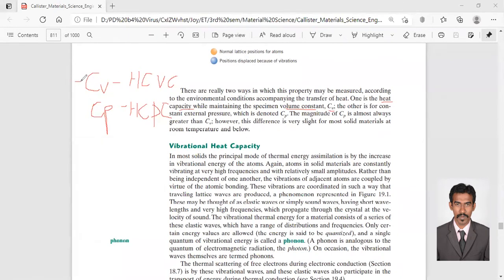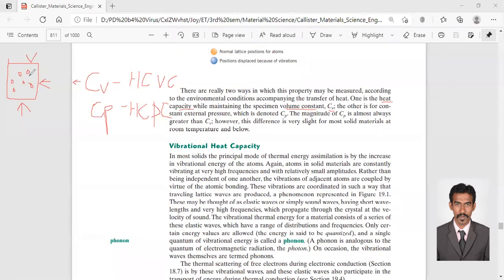So what does constant volume heat capacity mean? You have a particular volume, say this is V. You are putting some material inside and you are providing heat. When you provide heat, what will happen? Vibrations increase, right? They will not stay at a place, they will run here and there and collide with others, and energy will increase.